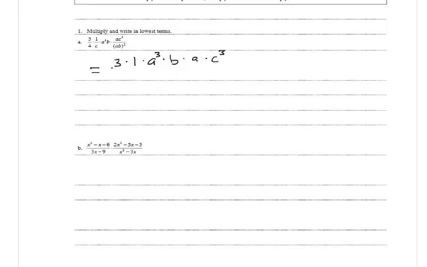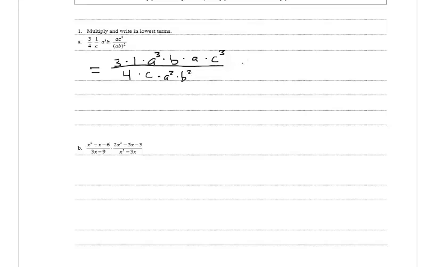And then we have 4 times c, and then we have ab squared. Remember, that's the same as a squared times b squared.